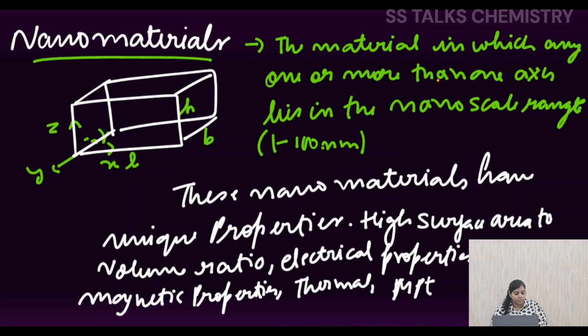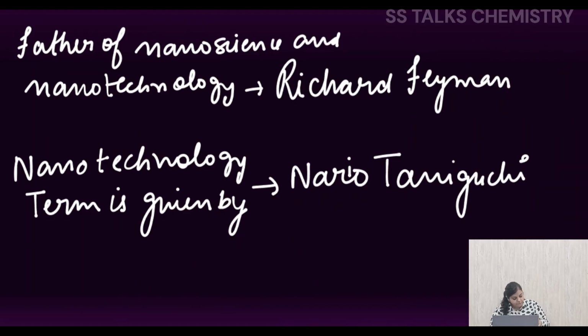Okay, so now let us learn who is basically the father of nanoscience and nanotechnology. Here you are encountering two new words: one is nanoscience and the other is nanotechnology. I'll be telling you the difference between them. But the father of nanoscience and nanotechnology is Richard Feynman.